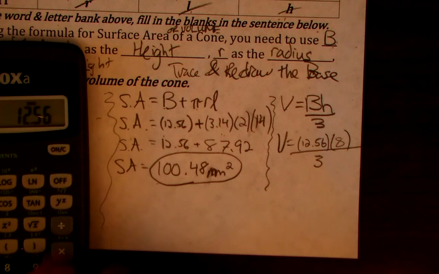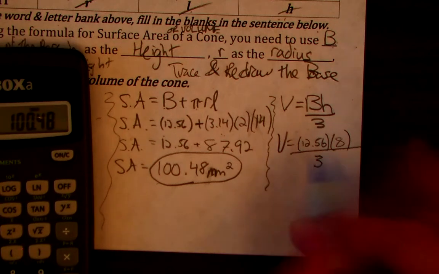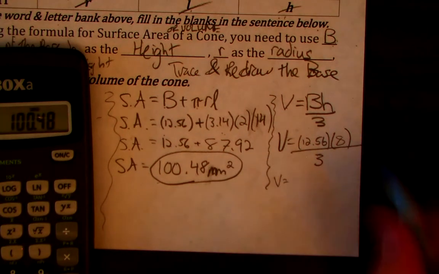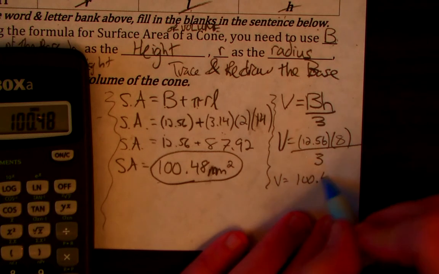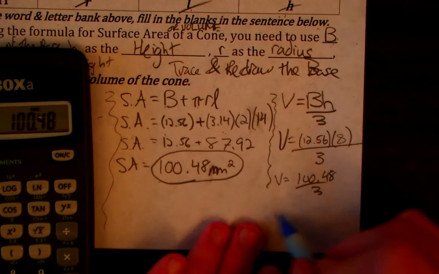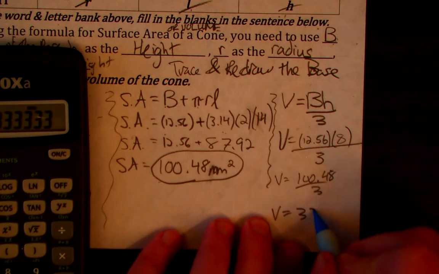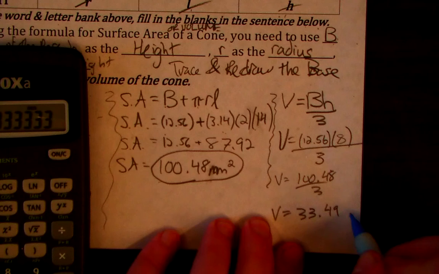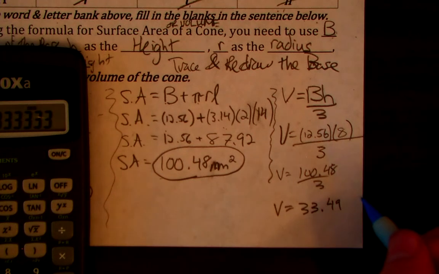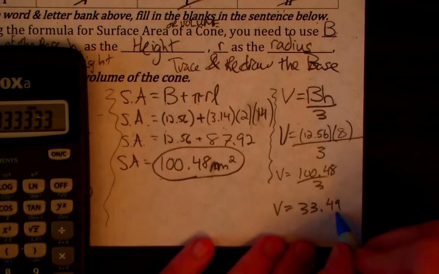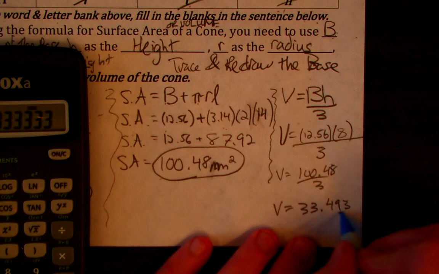12.56 times 8. Oh man, same answer. That is odd. But we want to make sure that we can divide by 3 at the very end, and so we have the volume is equal to 33.49, and since we're working with pi, again, you only need to work towards the hundredths column, and so we can round, let's say 0.3, and again, we're rounding the hundredths, and since that's 4 and below, we let it go.